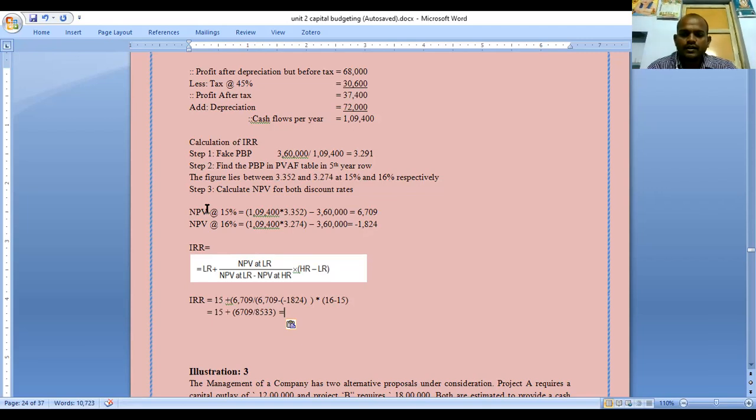So 6,709 divided by 8,533. The difference between 16 and 15 is 1, into 1, so nothing. The result will be 15 plus 0.78786. So IRR is 15.786 percent. So at this IRR, NPV is 0.